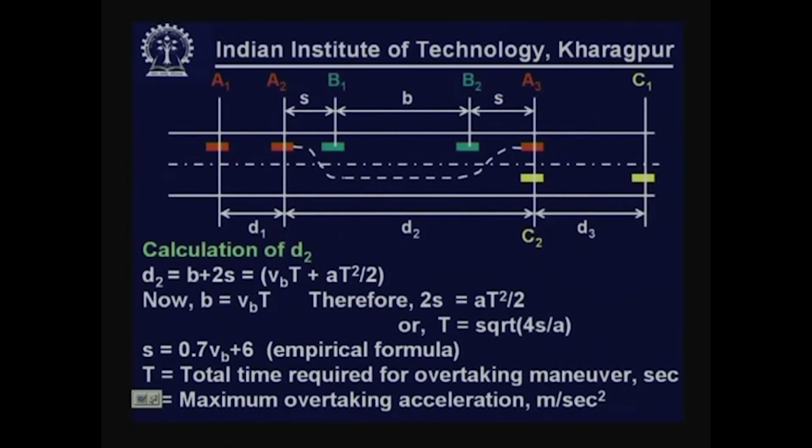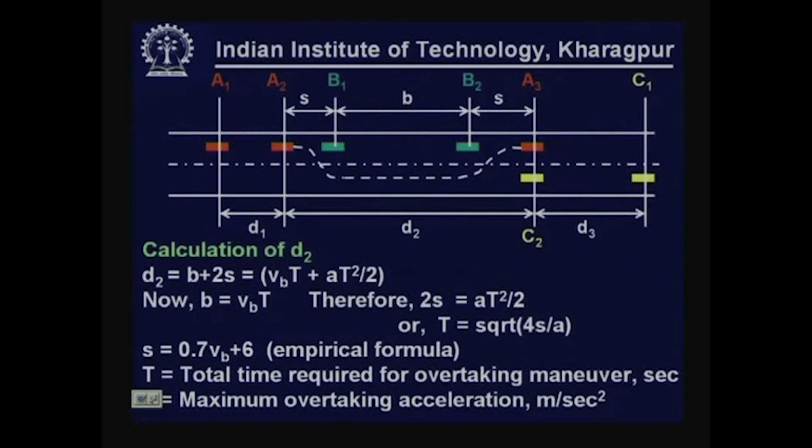So, just before overtaking and after overtaking, a gap of s distance is kept between vehicle A and vehicle B. Therefore, the distance d2 is b plus 2s.